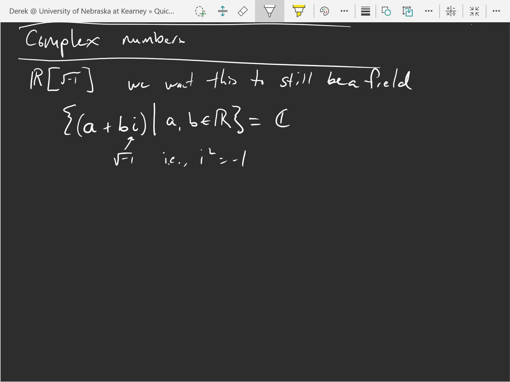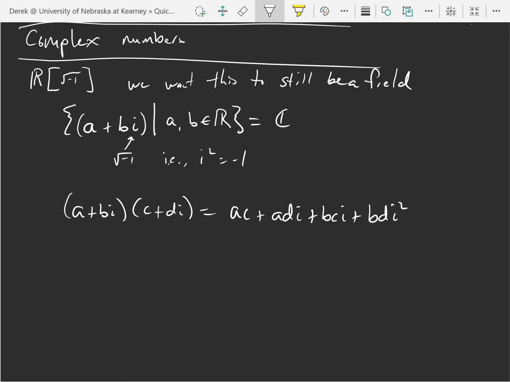We can still perform multiplication, and how we do that is we FOIL things. So a plus bi times c plus di, you get ac plus adi plus bci plus bdi squared, which is ac minus bd, because i squared is -1, that negative sign goes there, plus ad plus bc i.